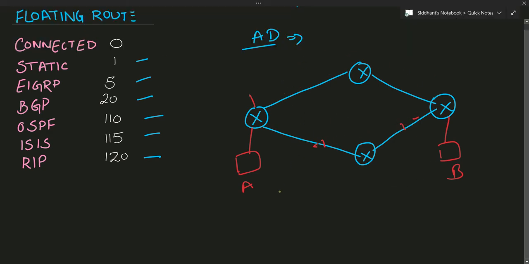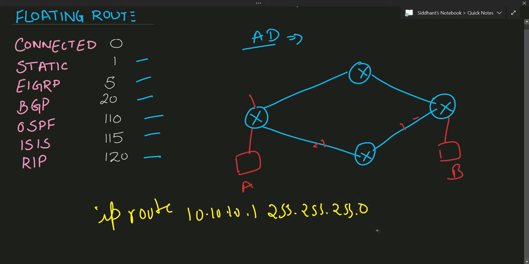Whenever we configure a static route, the command is ip route, then we write the destination's IP address, suppose 10.10.10.1, then the destination subnet mask, which can be 255.255.255.0, which is /24, and then either the IP address of the next hop or an interface name like SE2/0.